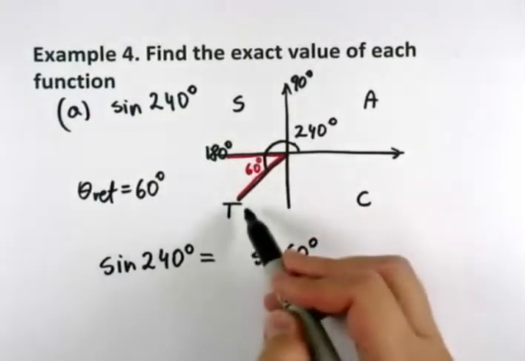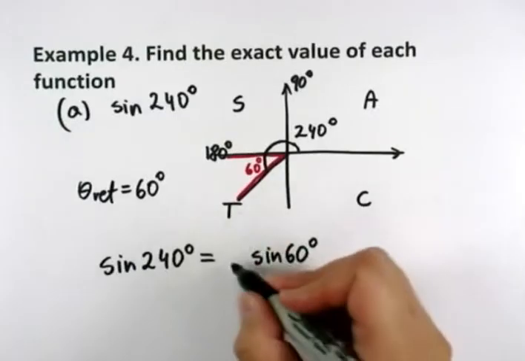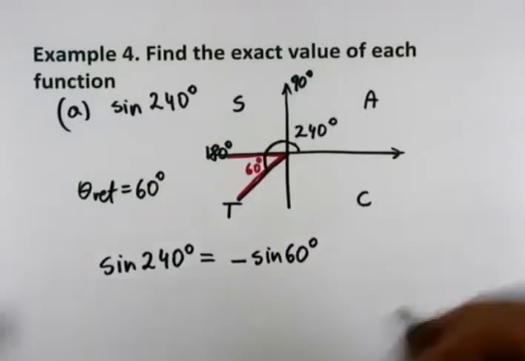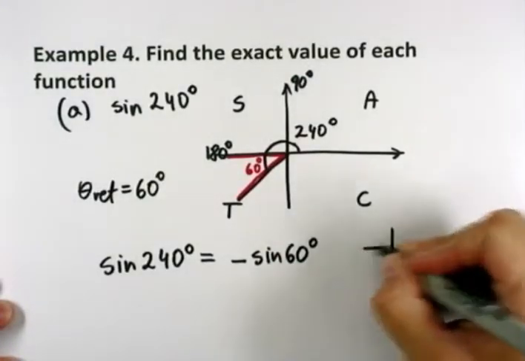We are in the third quadrant. Sine has a negative value in this one. So it's minus sine 60 degrees. And then I'm using my chart. Sine 60 degrees is nothing else but, we can make this small chart.